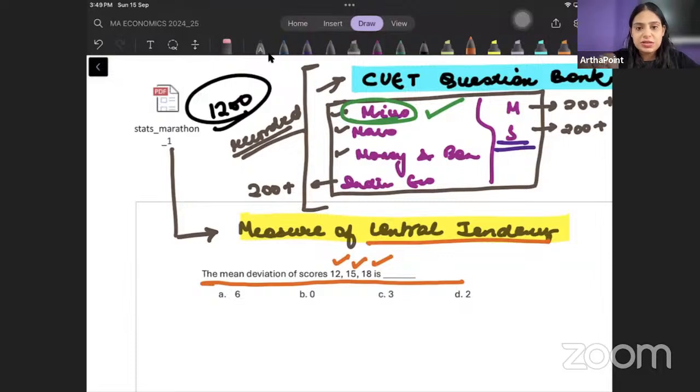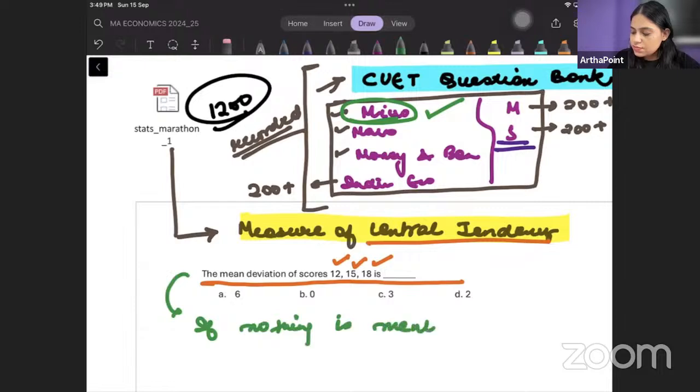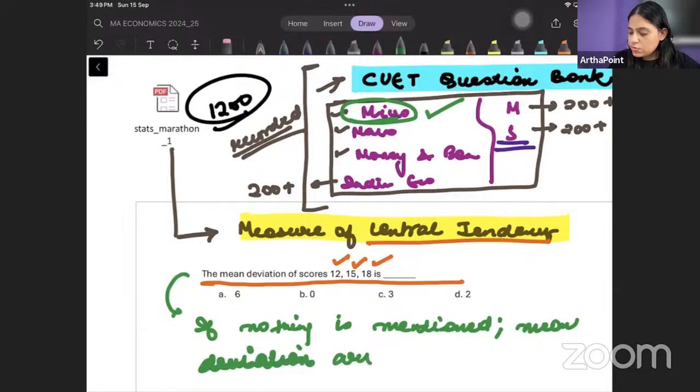So see here, this is what is important to understand. When we talk about mean deviation, we have done mean deviation around mean and also around median. If nothing is mentioned, you will find mean deviation around mean.